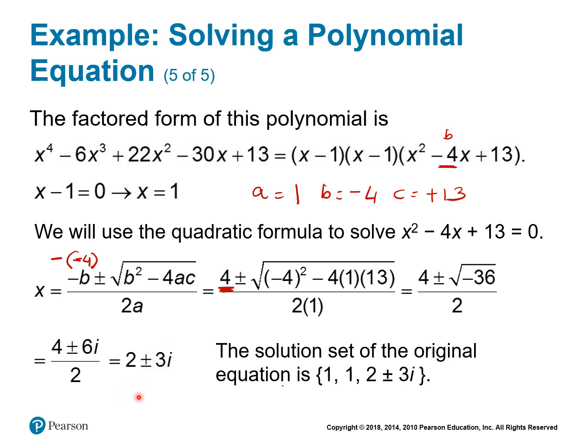In this case, one is the positive, the other one is the negative, the conjugates, because this is in the form a plus b times i. So these are the solution sets of the original equation. Of this, 1 and 1 are the real roots. These are imaginary roots.